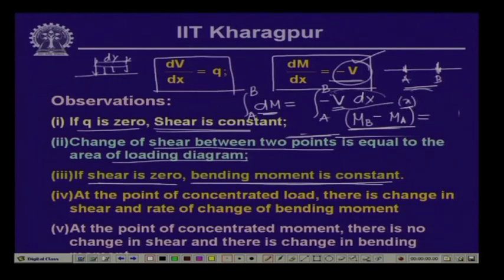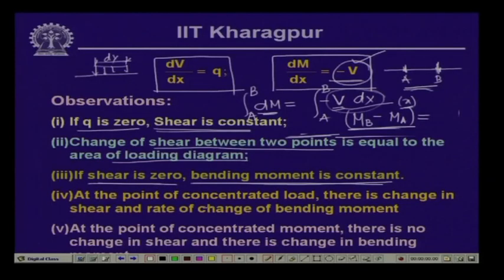So, when we try to plot the variation of the shear force, we can have a diagram of shear force, and that integral V dx precisely indicates the area of that shear force diagram, which in fact we will be looking into as we go along for the shear force and bending moment diagram.